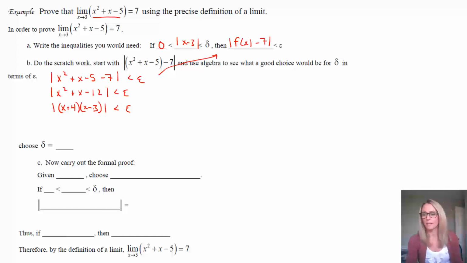Something we want to remember, which probably comes back from trig or even geometry, so it may not be super familiar, is that if you have those things in the absolute value being less than epsilon, then that is the same as splitting them apart, and that's still going to be less than epsilon.